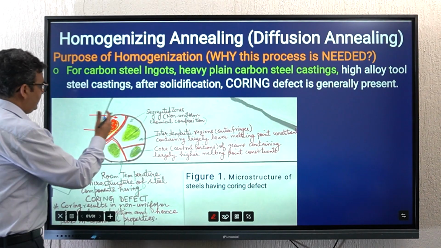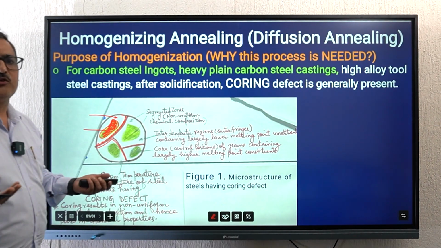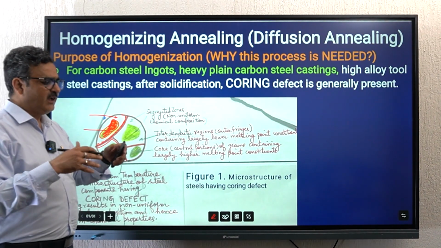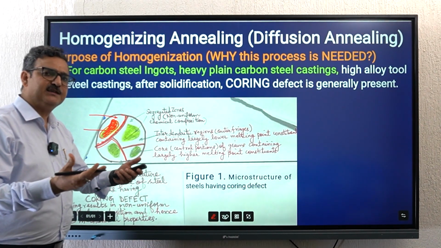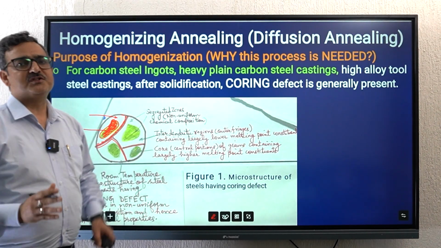So if chemical composition is not uniform, mechanical properties are not uniform, and a true alloy does not get formed. So ultimately, the material will not have good mechanical properties. The material will have varying properties. It would not be of use.